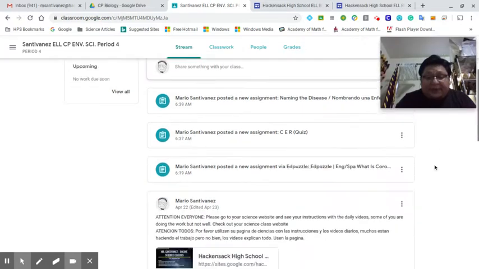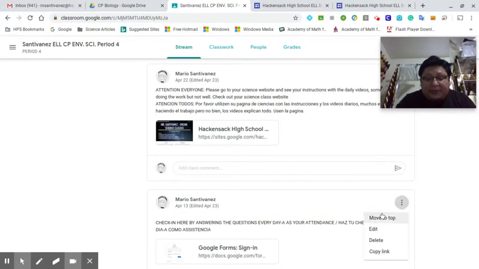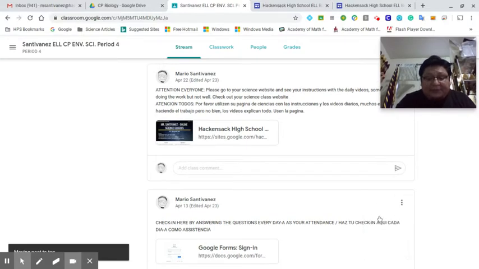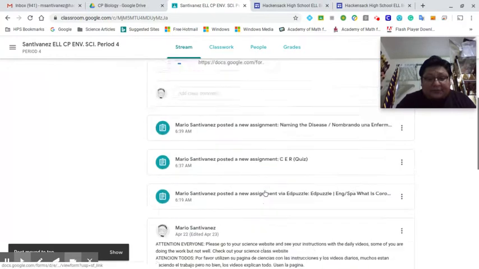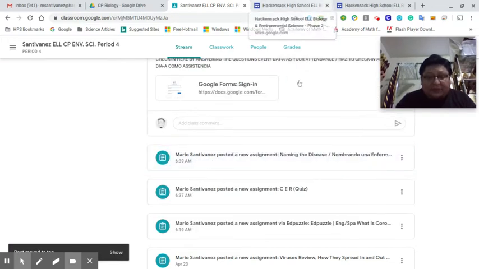Don't forget that before you start anything, you should be checking in on this form. And after you check in, you can move on to the website to see what is going on.